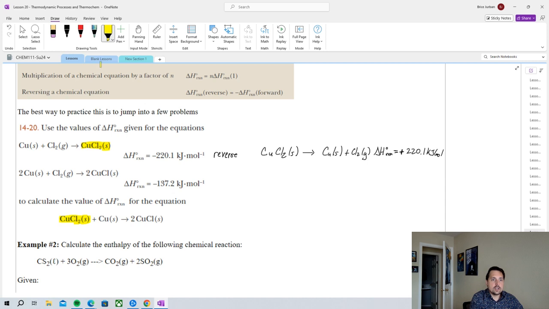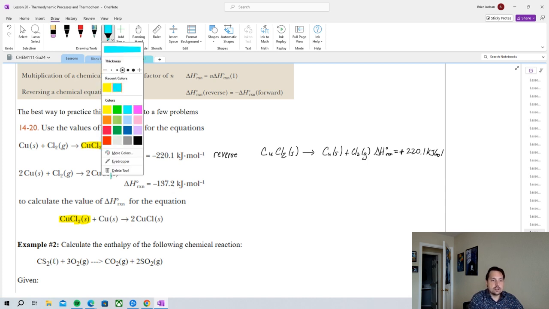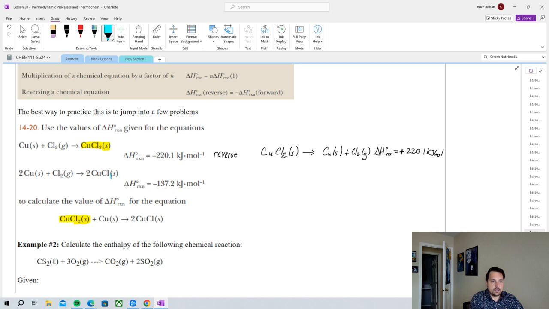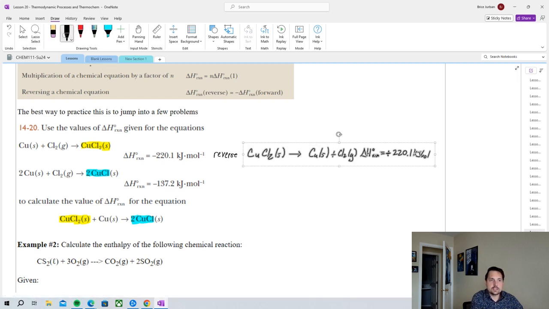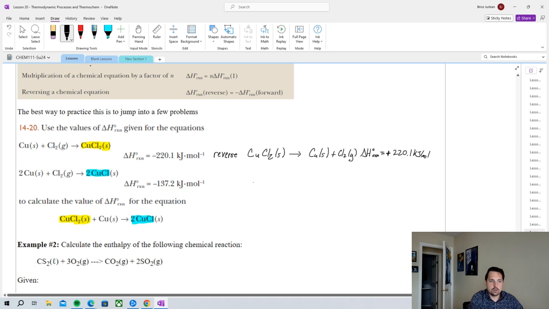Okay, so now that that's on the correct side, that's good. Let's take a look at this other reaction. As it's written, it has copper chloride on the right. That's good, and it has 2 of them, which we need. So let's see what happens if I just add this other reaction to this one.